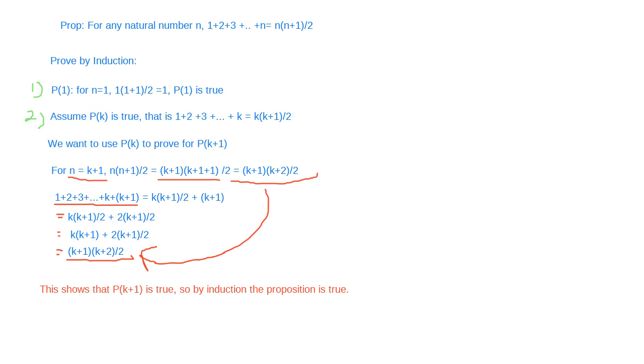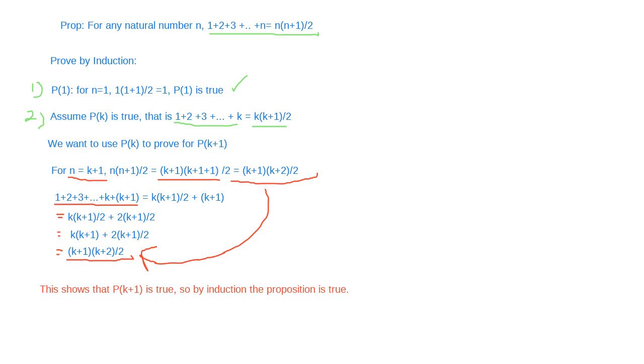So the base step is for n equals 1. For n equals 1, 1 equals 1 is true. The second step, assume P of k is true. What does that mean? That means 1 plus up to k terms equals k times k plus 1 divided by 2. Okay, this is the assumption.